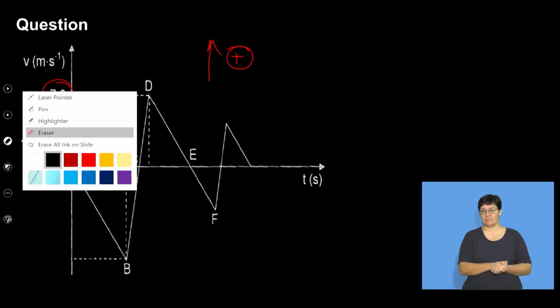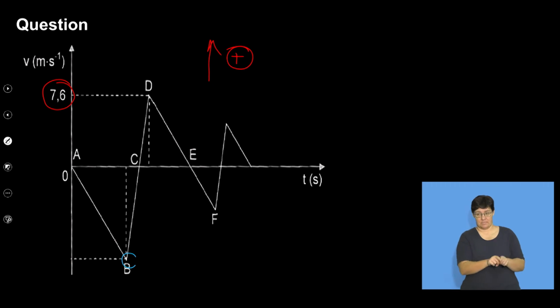What we also recognize is this is where it hits the floor, this is where it bounces off the floor, hits the floor, bounces off the floor, okay? At this point, it's at the top of a bounce, and C is where it's spending time on the floor.